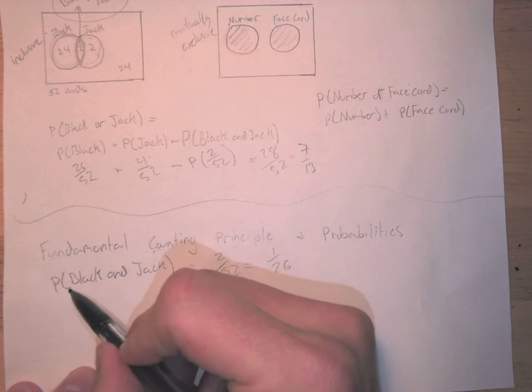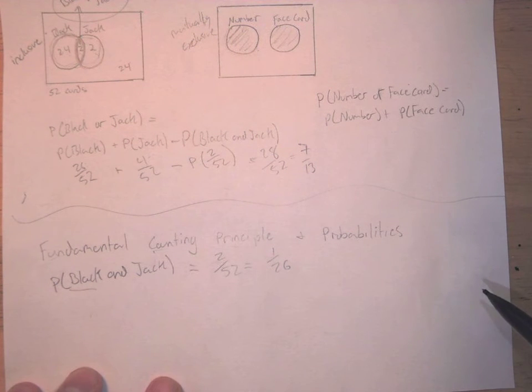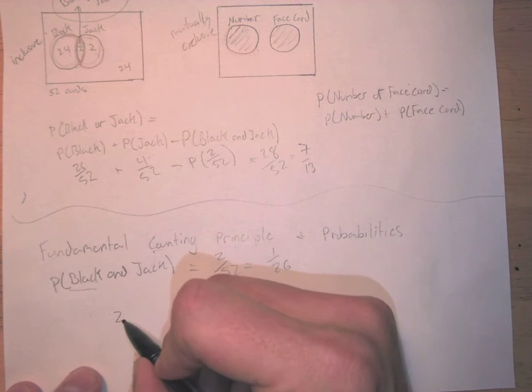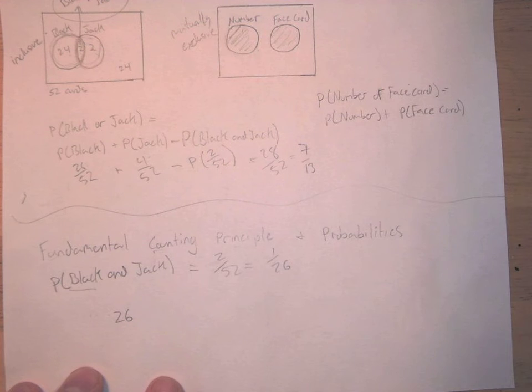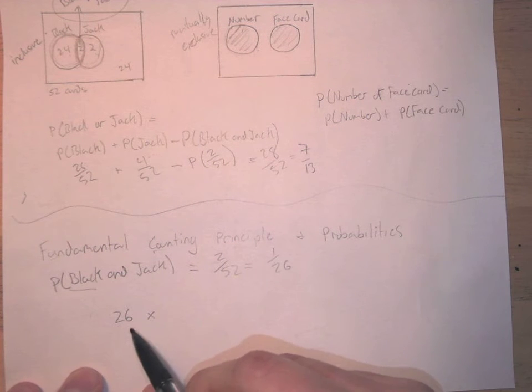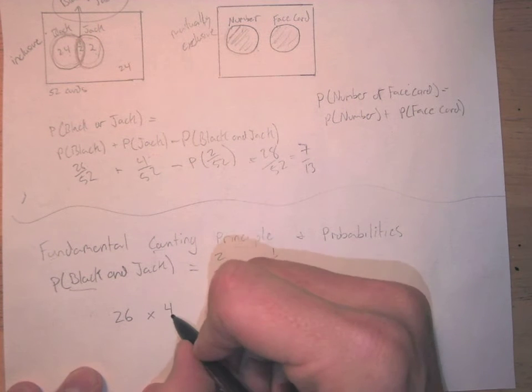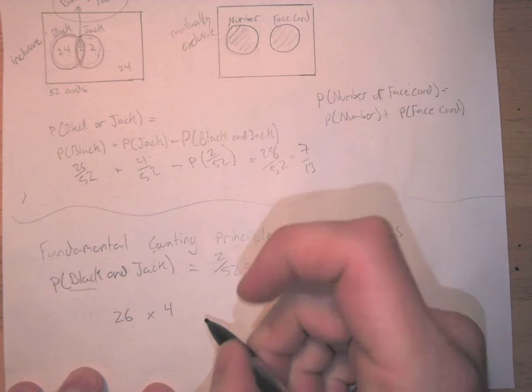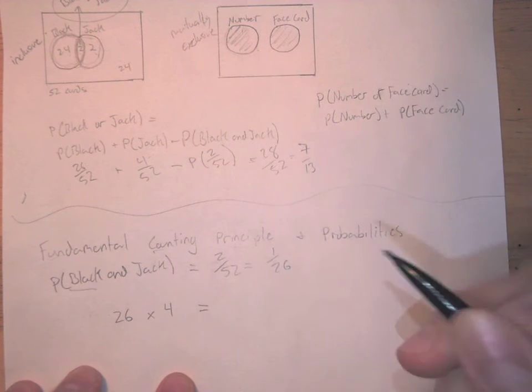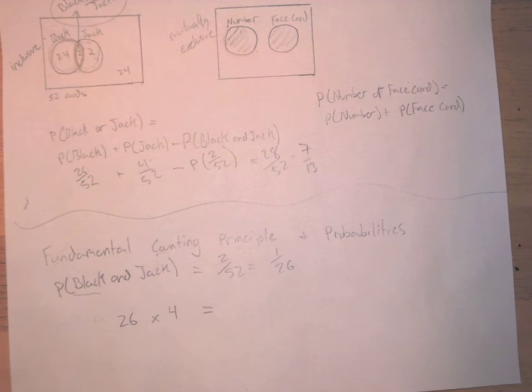So let's think about that for a second. How many ways are there to pull a black card? Well, there's 26 of those, right? Okay. How many ways are there to pull a jack? There's 4 ways. Okay. So how many ways are there to pull a black and a jack?